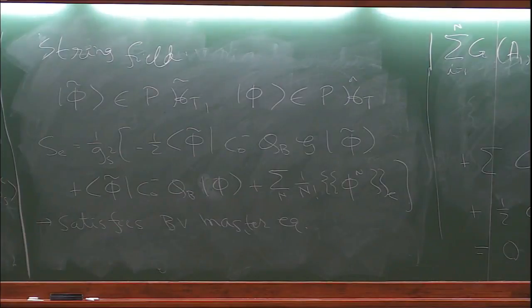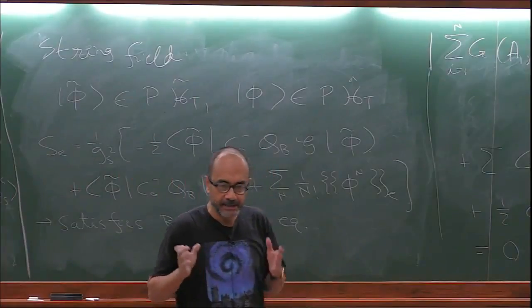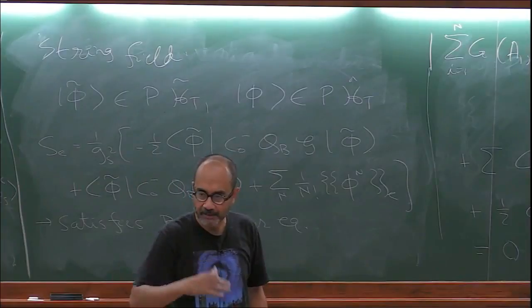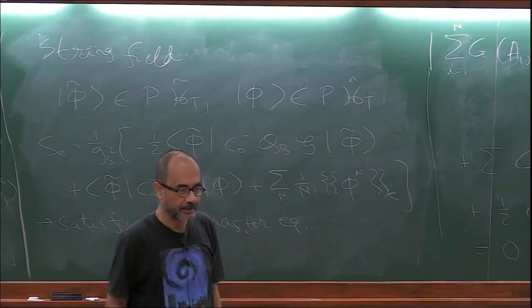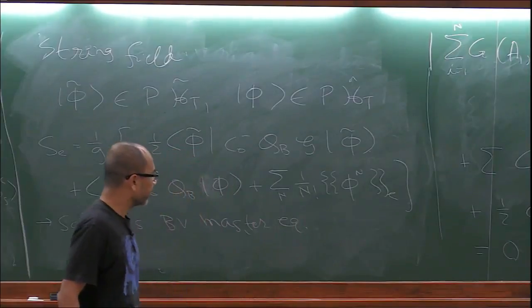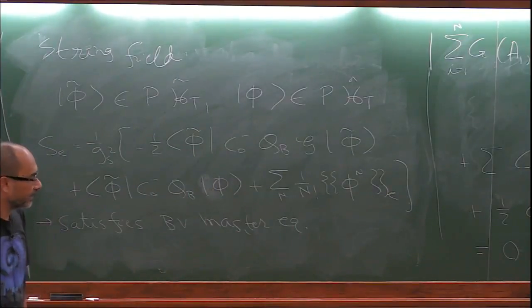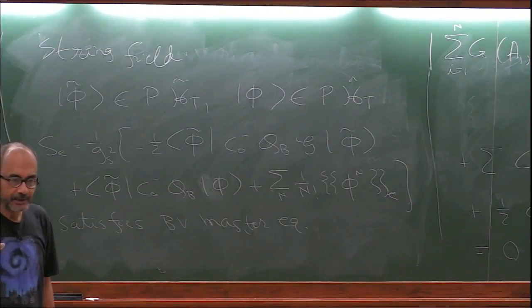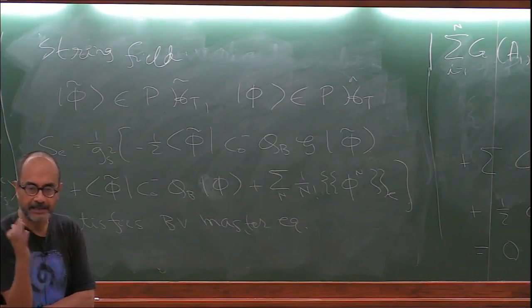And what one can show is that in string field theory, as I have been emphasizing, the string field theory that we are writing down is not unique, because you have the choice of section, this R bar GMN that we chose, that depends on a choice of local coordinates, the picture changing operators and so on. So there is a choice in how to choose this R bar GMN, and in particular there is a parameter inside the choice of R bar GMN, which is normally called the stub length. The role of this parameter is that by adjusting it you can ensure that all the high energy modes are integrated out.